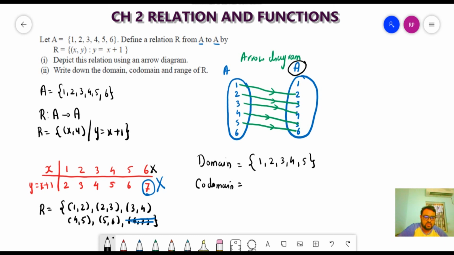So it will be 1, 2, 3, 4, 5 and 6, right? And the range, which values did I get? 2, 3, 4, 5 and 6. This is the range. Okay, so note down this extra question.